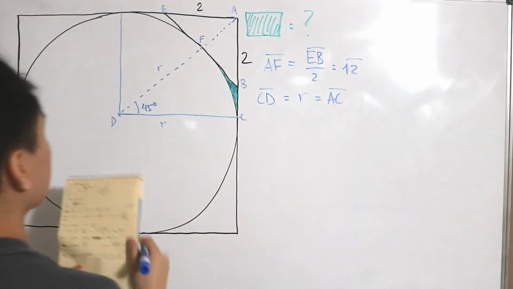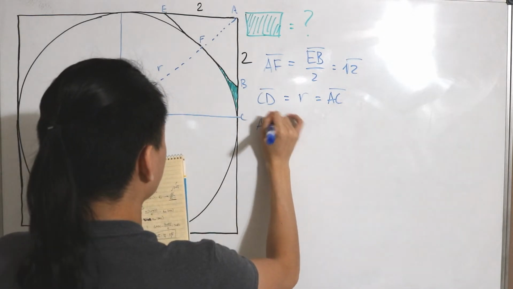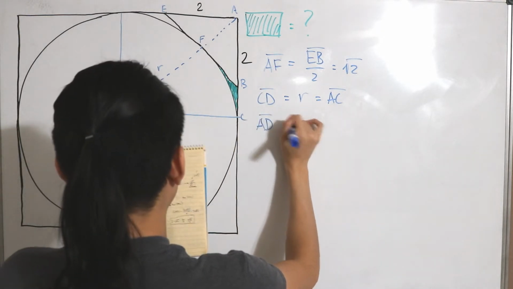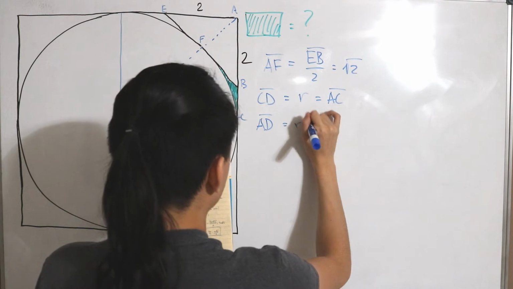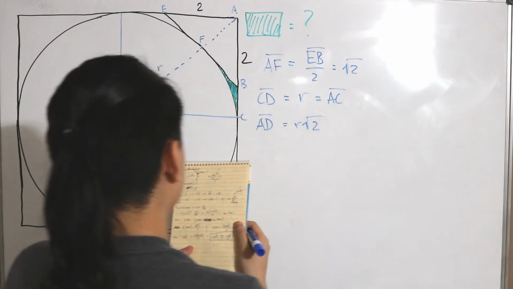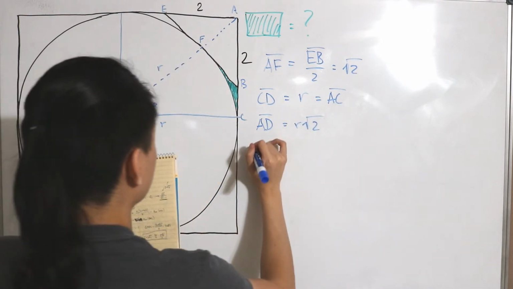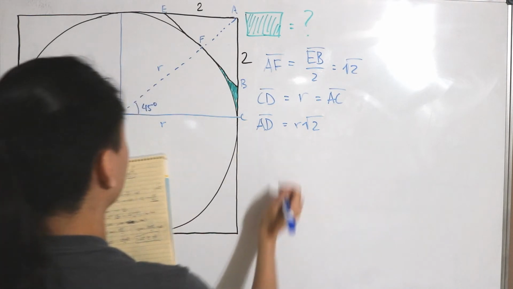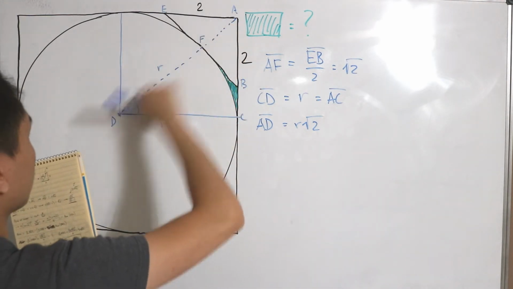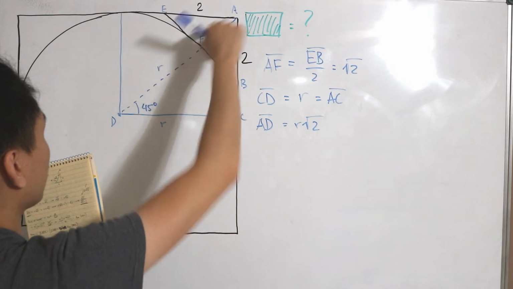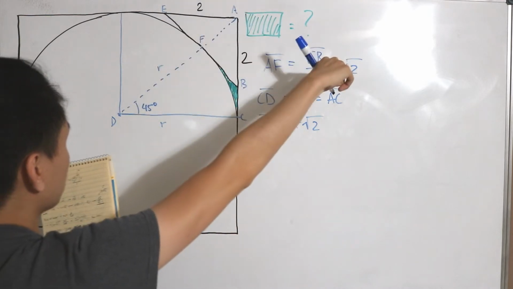Then the line segment AD, again by applying the Pythagorean theorem, is going to equal R times the square root of 2. In other words, AD is divided up with R, and we said that AF is equal to the square root of 2.